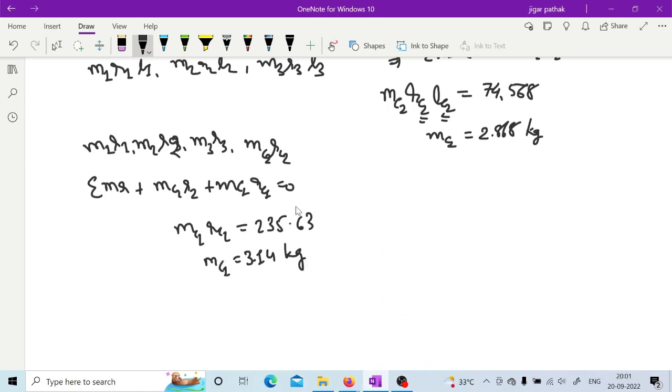So you have calculated MC1 and MC2. Similarly, tan theta C2 and tan theta C1 also you can calculate from those equations which you have calculated for sigma MRL sin theta C2 and sigma MRL cos theta C2, and sigma MR sin theta C1 and sigma MR cos theta C1.